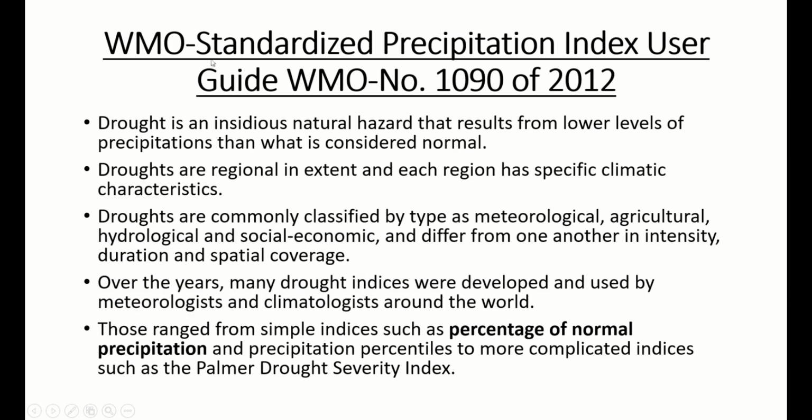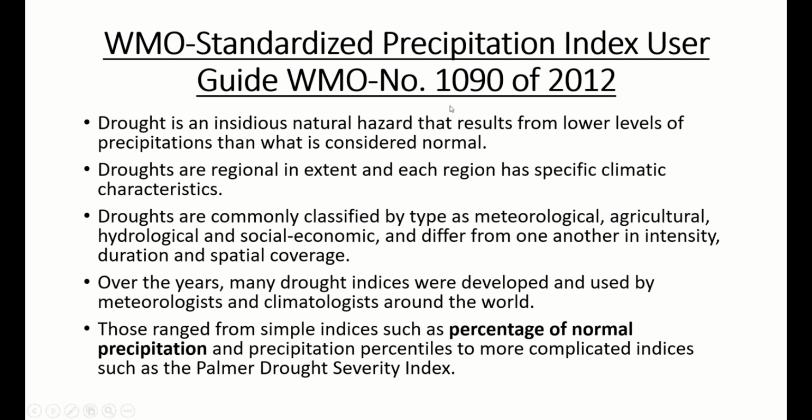Now, the information I'm about to present comes from the WMO Standardized Precipitation Index User Guide, WMO number 1090 of 2012. It says that drought is an insidious natural hazard. So it's very important for us to recognize that drought is natural. In Botswana and Southern Africa, drought is very natural and it occurs quite a lot in our area.